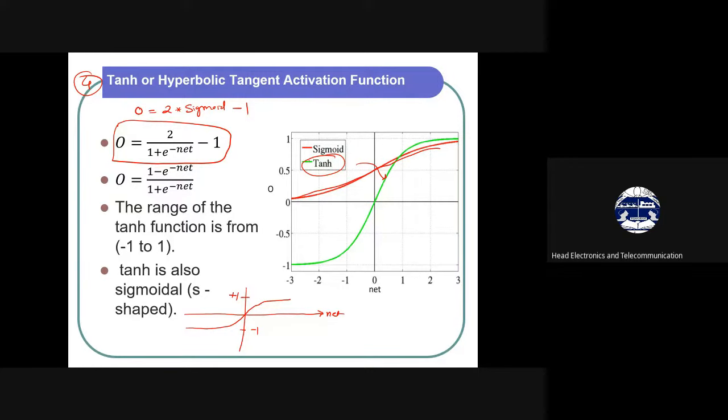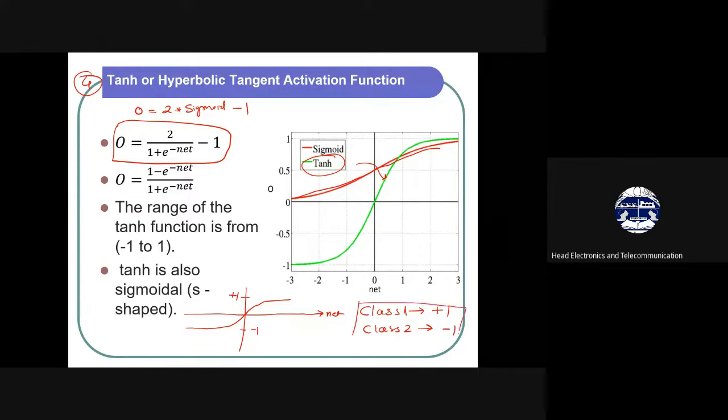It looks like this. The difference between the two is that in the second case, suppose I write class 1 represented by plus 1, then class 2 will be represented by minus 1.